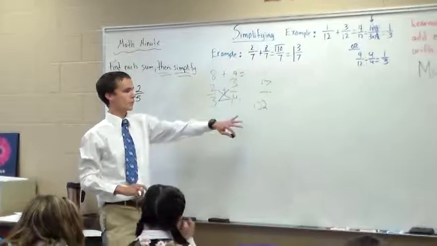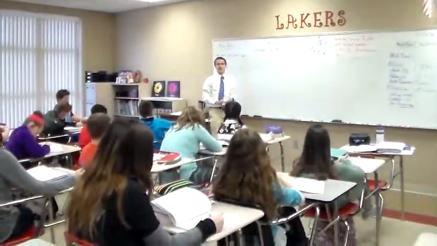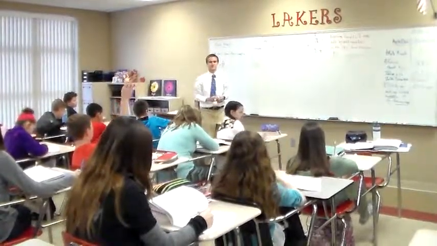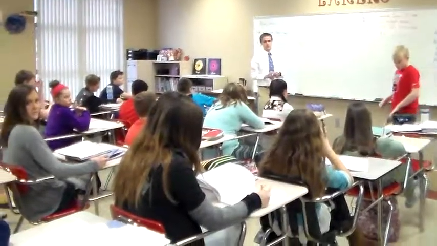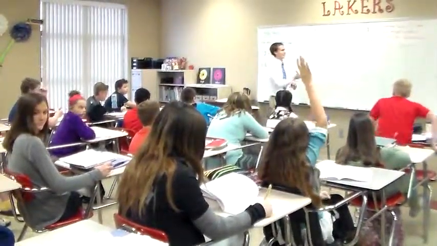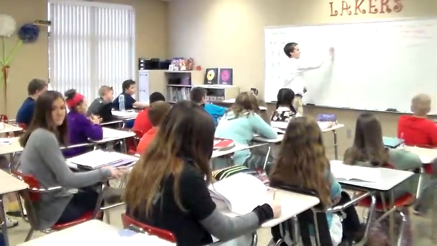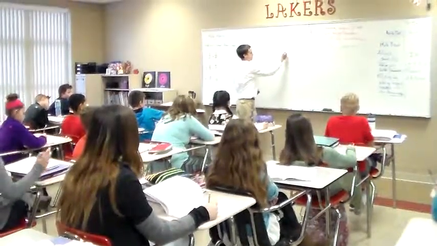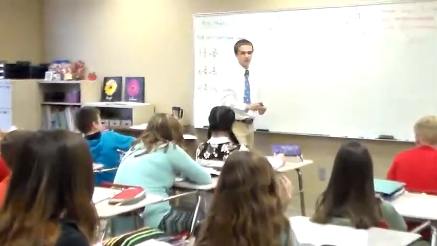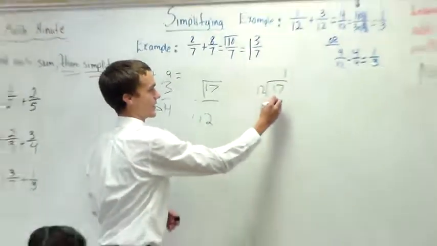No. What do we call this? Improper fraction. How do we make it proper? You see how many times 12 will go into 17. How many times does 12 go into 17? 1. So you bring your 12 down.